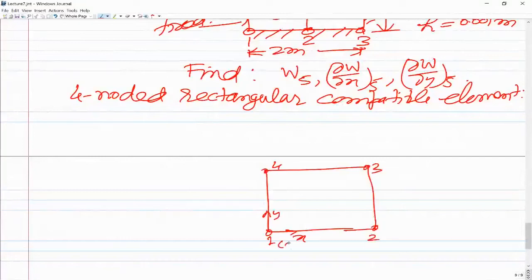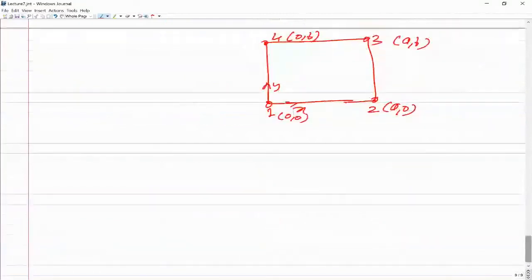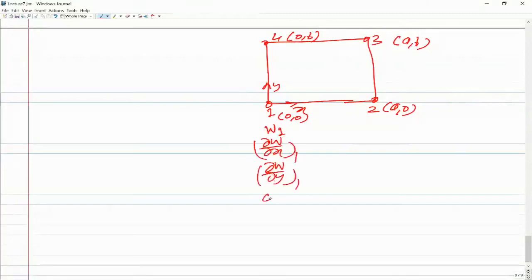The coordinates are (0,0), (a,0), (a,b), and (0,b). To have a compatible element, we need an additional degree of freedom. So we will have w, del w by del x at 1, del w by del y at 1, and also del 2 w by del x del y as an additional degree of freedom.